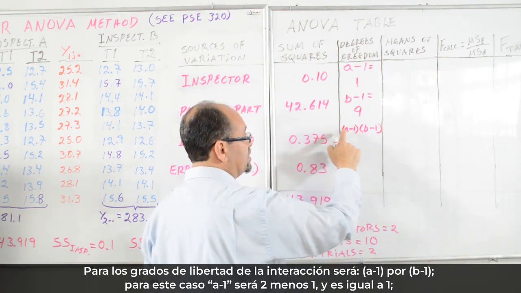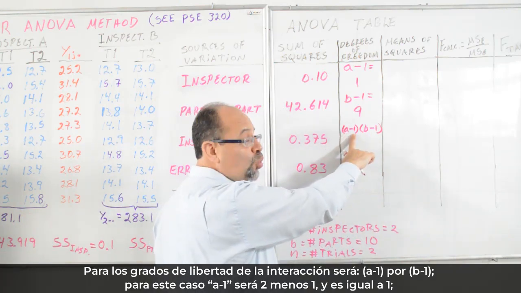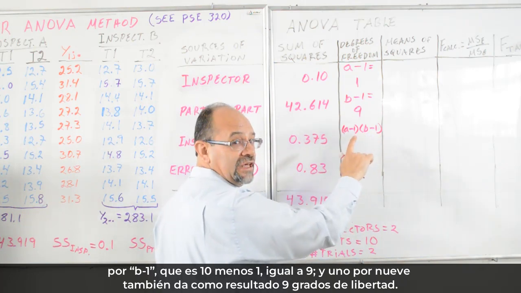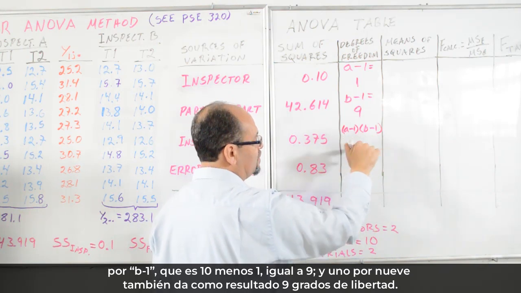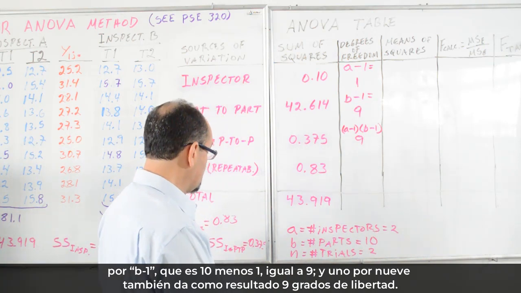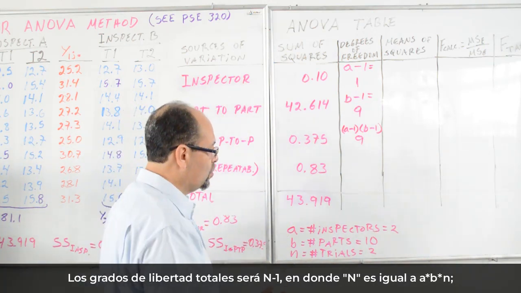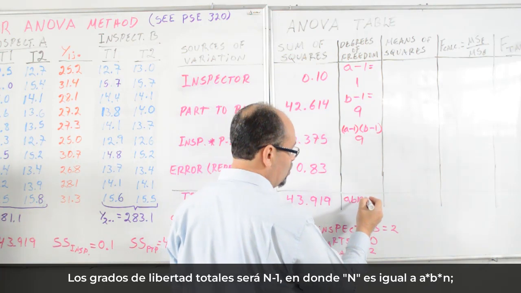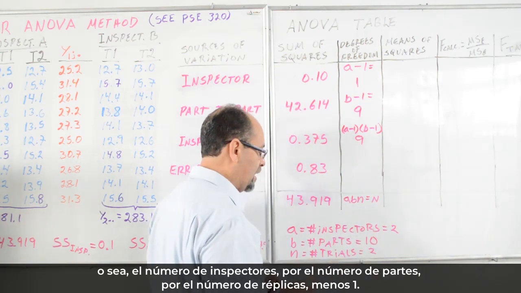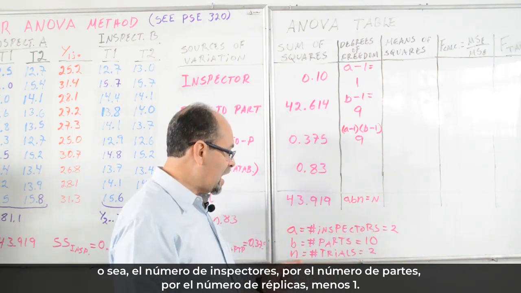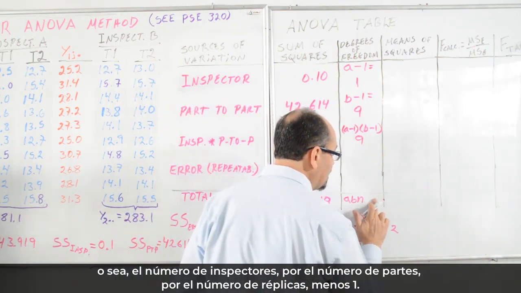For this case will be 2 minus 1 equal to 1, times B minus 1, which is 10 minus 1, equal to 9. 1 times 9, also we are having 9 degrees of freedom. The total degrees of freedom will be capital N, which is the number of inspectors times number of parts times number of trials, minus 1.